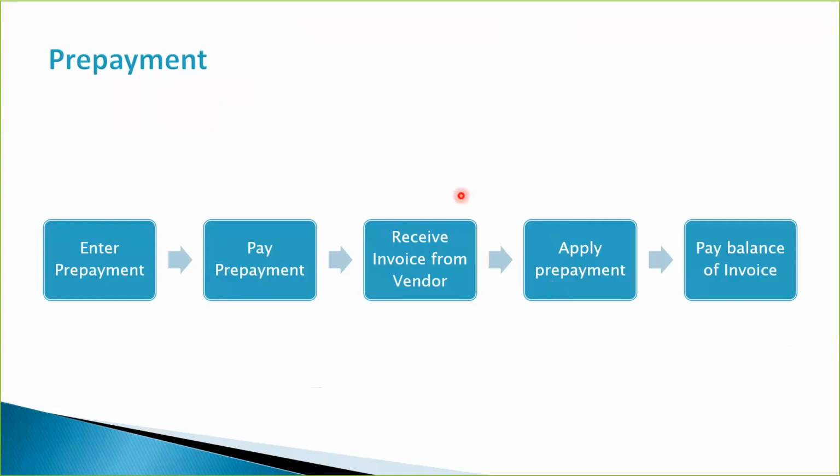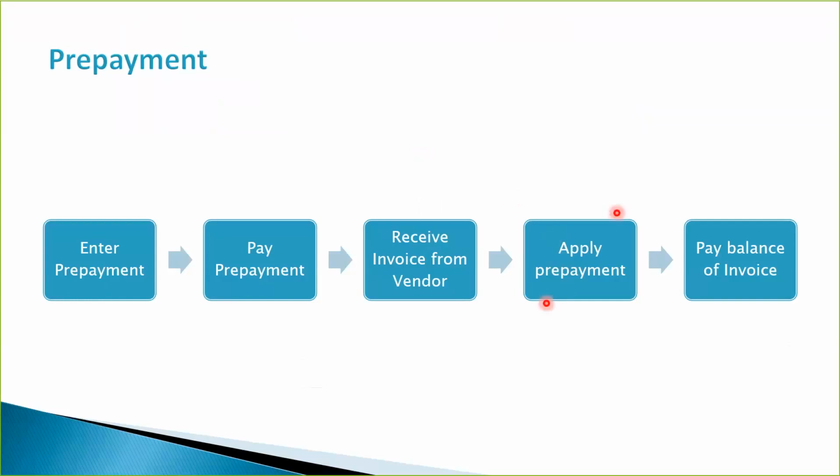So in those last few explanations, we have covered the two ways in which you can apply a prepayment. You can go from the invoice, and available prepayments will be shown to you, and you can pick one to apply to that invoice.